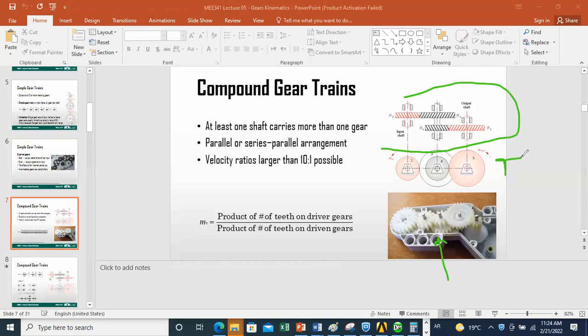This is the top view, and this is the profile view. Therefore, you can see that I can relate the angular velocity at the output to the input through the following relation. Let us derive it together.